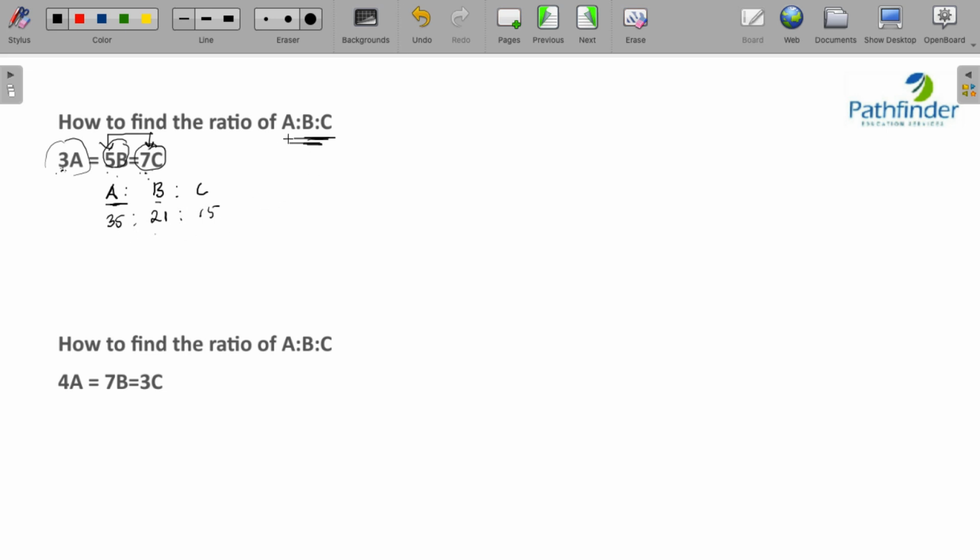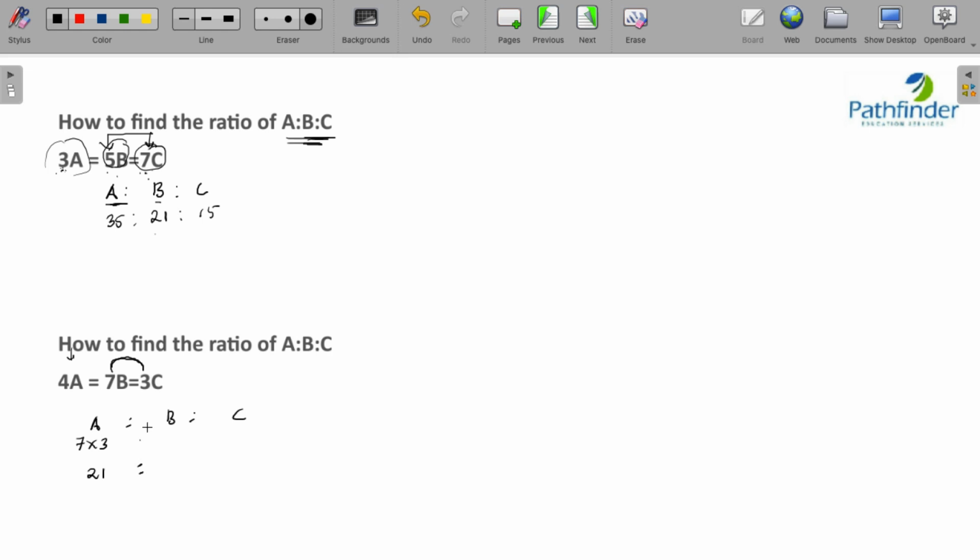ये रेशियो आ गया हमारा A as to B is to C का. यहाँ पे क्या आएगा? A as to B as to C. We ignore this term first. From here, we multiply 7 and 3, 7 into 3, that is 21.